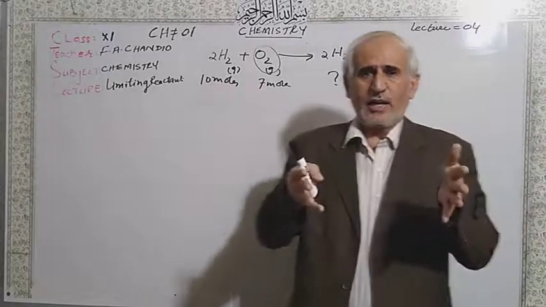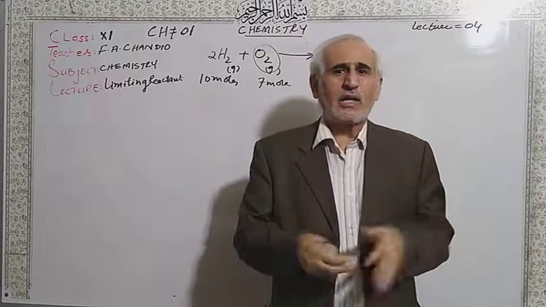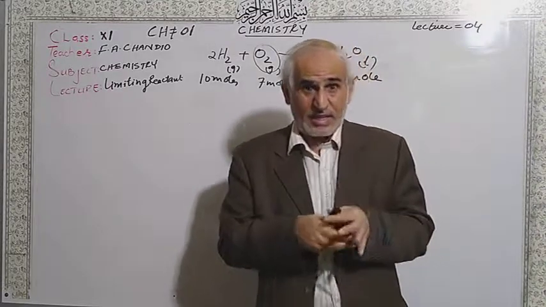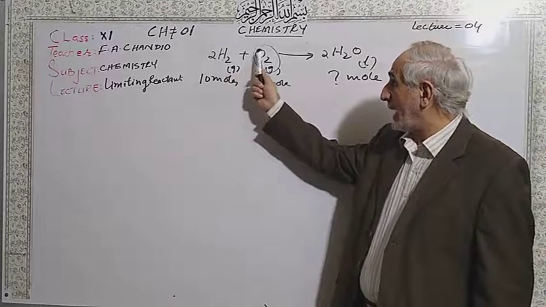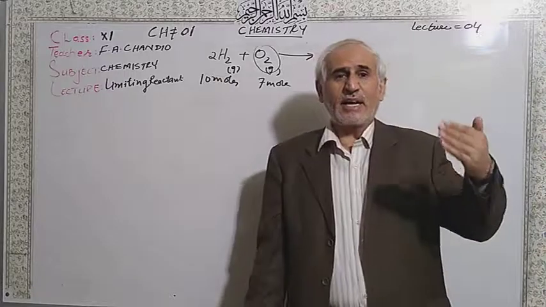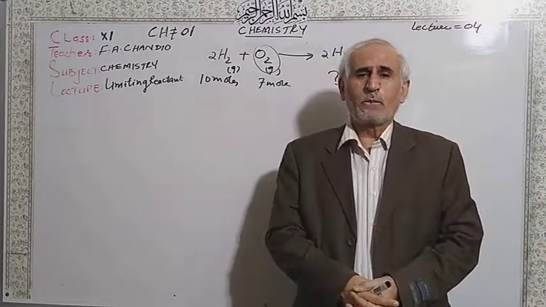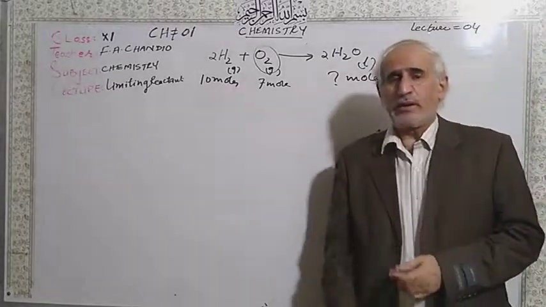One was known for us and the other we had to calculate. But here the difference is we have a known quantity of hydrogen as well as oxygen, meaning all the reactant side is known for us, and we want to calculate the moles of water.